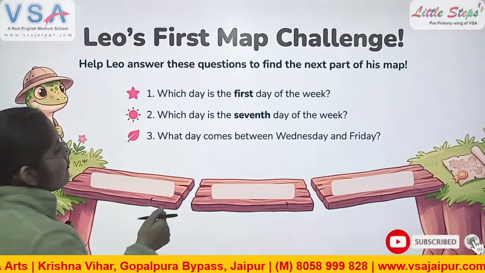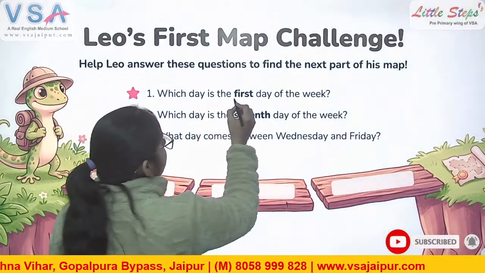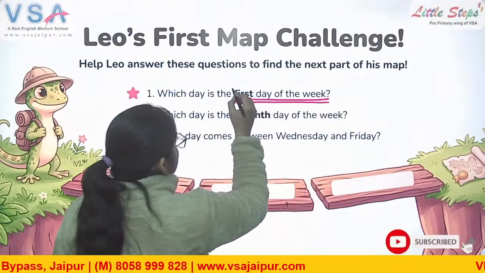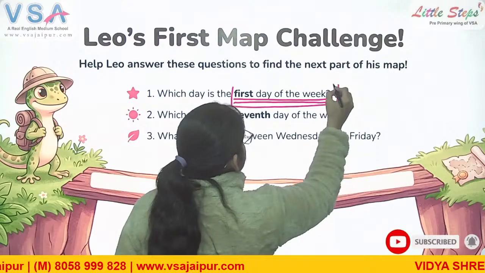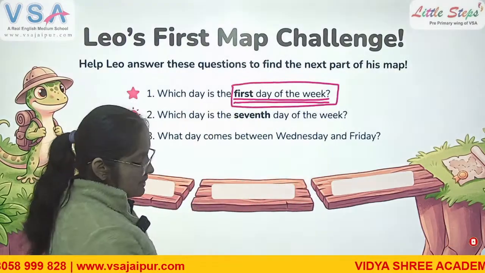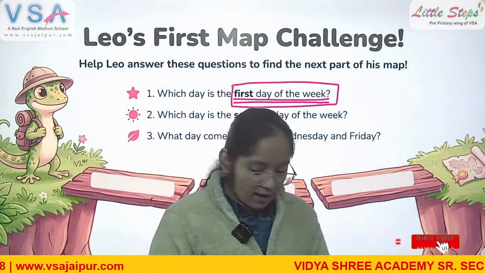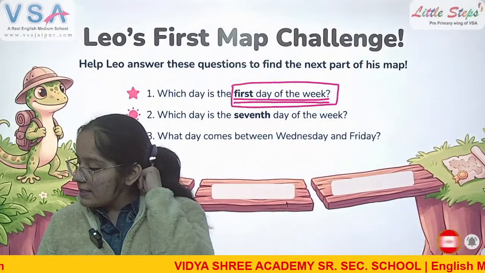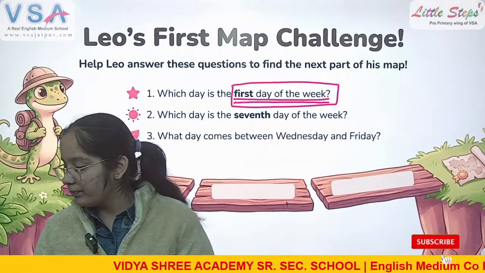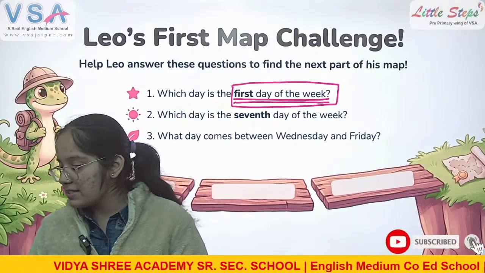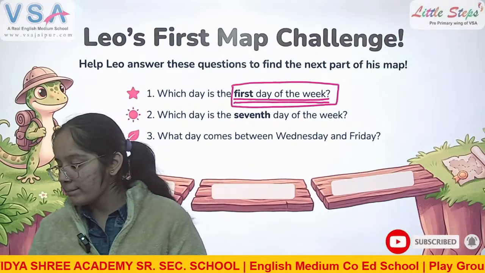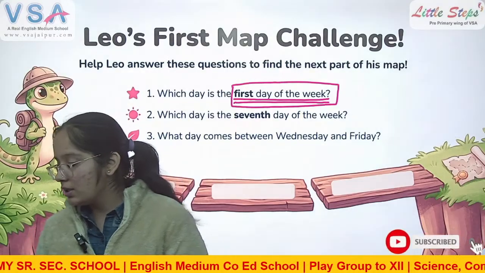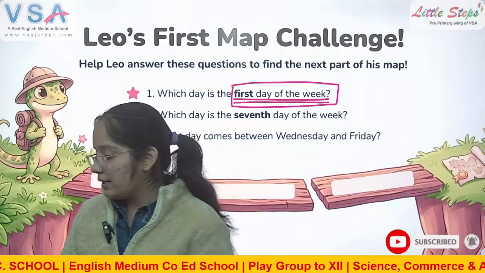Which day is the first day of the week? फर्स्ट डे कौन सा है वीक का वो हमें बताना है. First means सबसे पहला, means the week starts with which day? Can you tell me the answer? The week starts with which day?